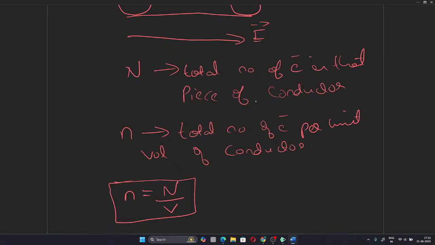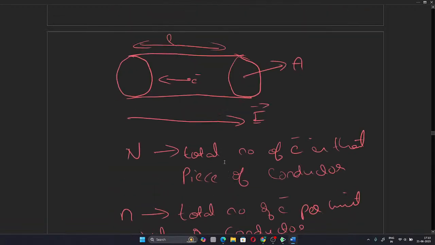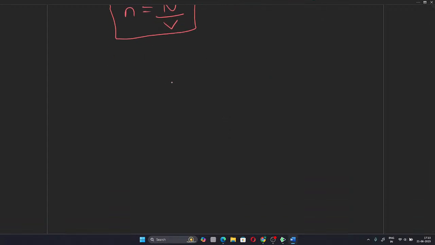So in this conductor, let's assume this is a cross-sectional area. Let's assume electrons are passing through this area.